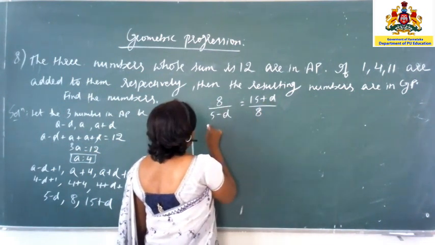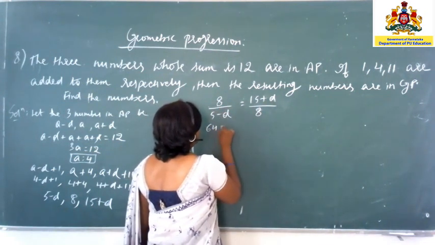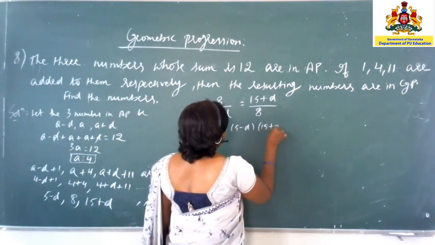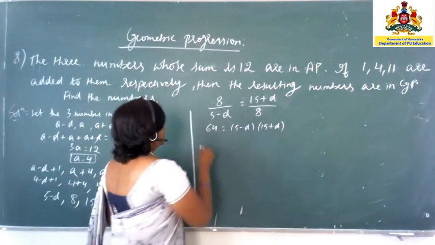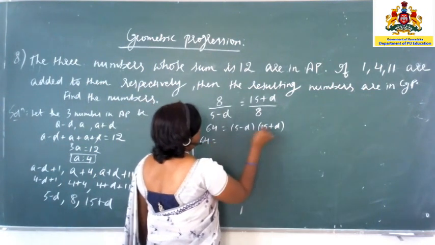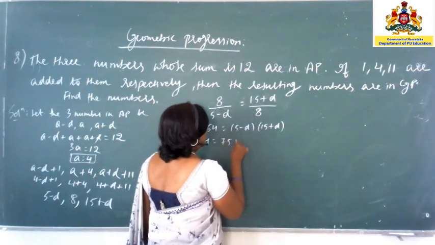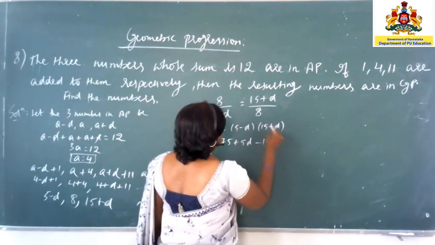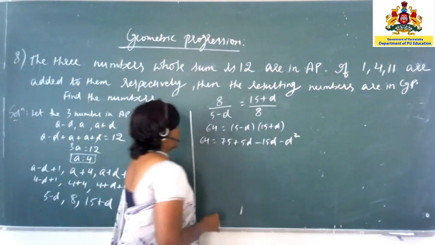Just cross multiply: 8 into 8, 64 is equal to 5 minus d into 15 plus d. So 64 is equal to 5 into 15, that is 75, plus 5d minus 15d minus d square.